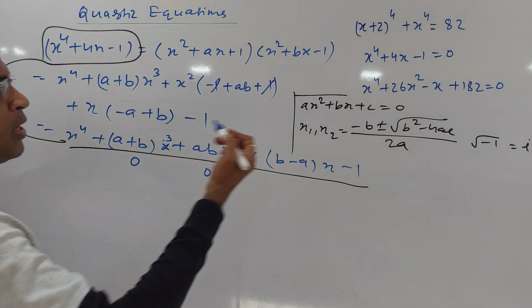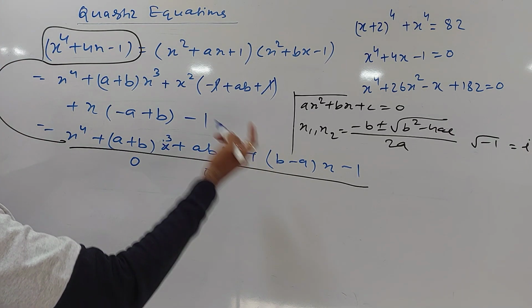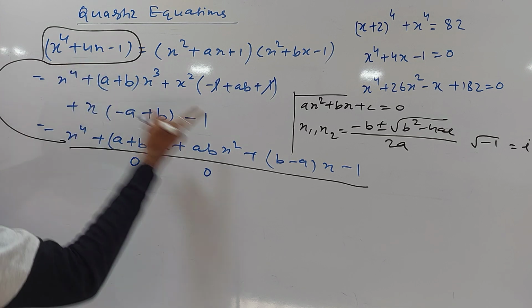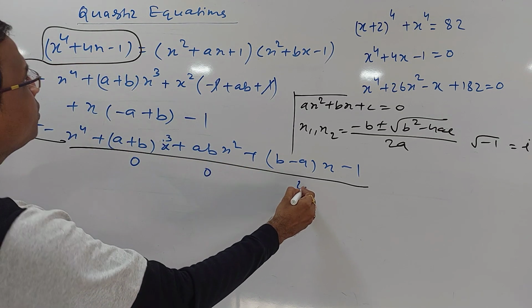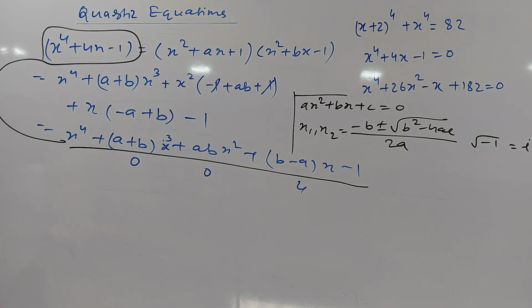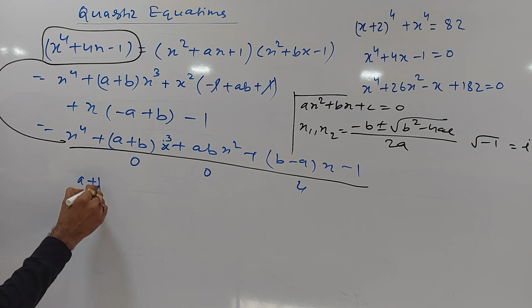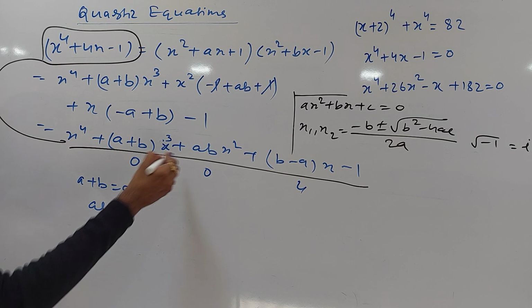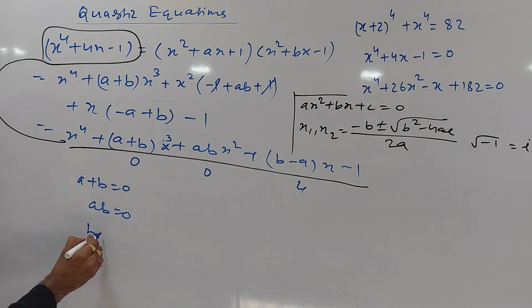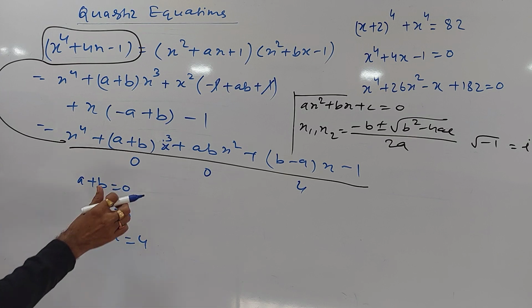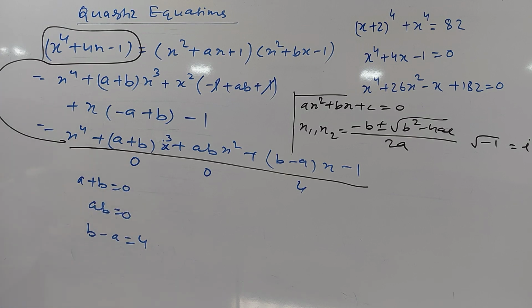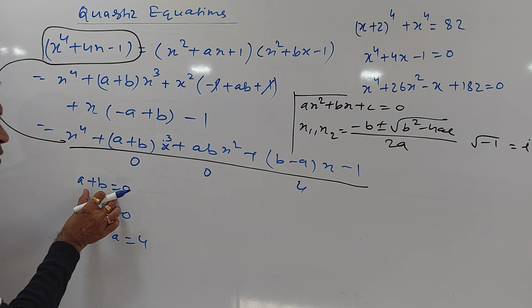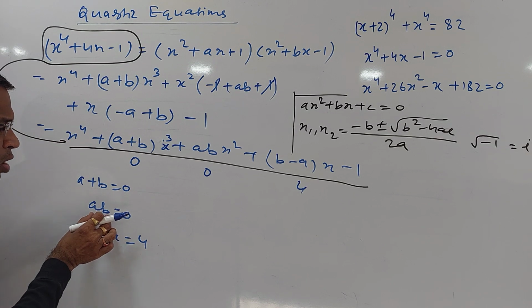Fine. And b minus a is the coefficient of x, so it's coming to be 4, and minus 1 is as it is. So that means I have a plus b is equal to 0, I have ab is equal to 0, and b minus a is equal to 4. So we can just think about how we can crack this. Just a mere observation, we can say that one of the numbers out of a and b will be 0.